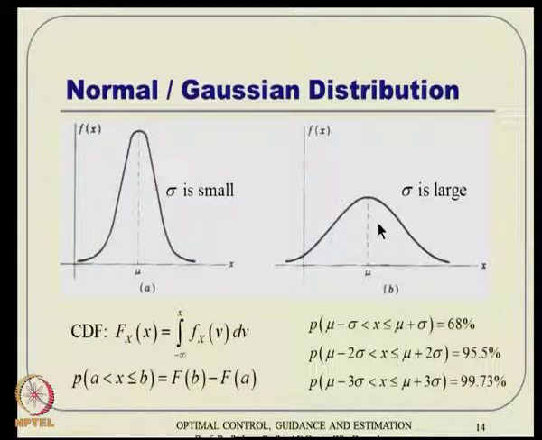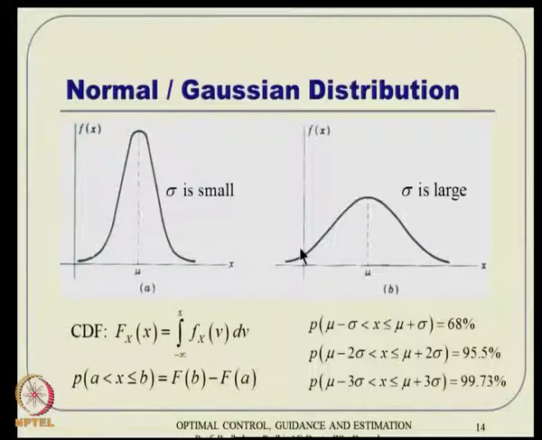How does it look like? Well, if you plot it, if sigma is small, it will turn out to be something like this, and if sigma is large, then it is a wider distribution. It turns out to be like this.